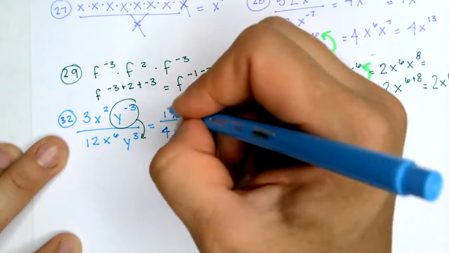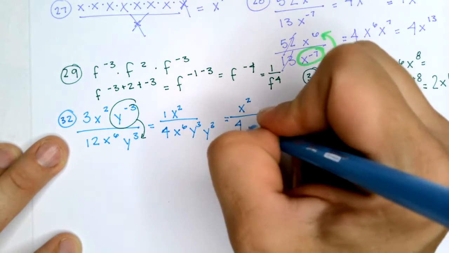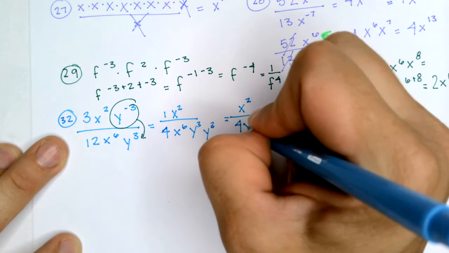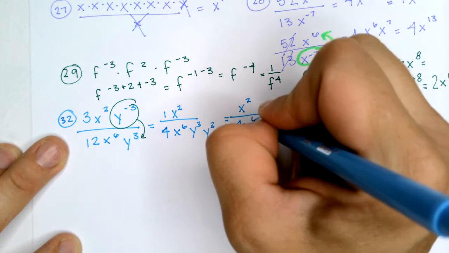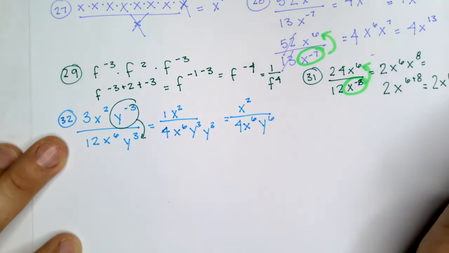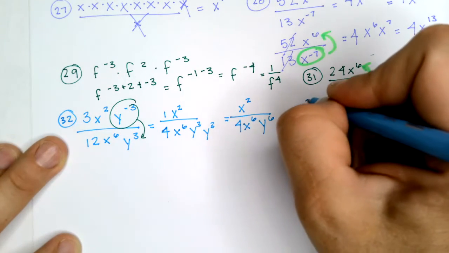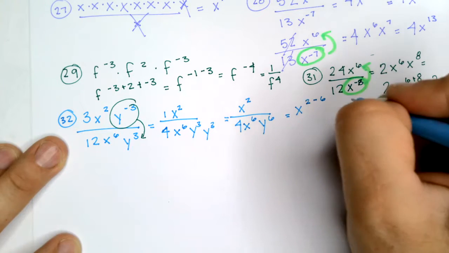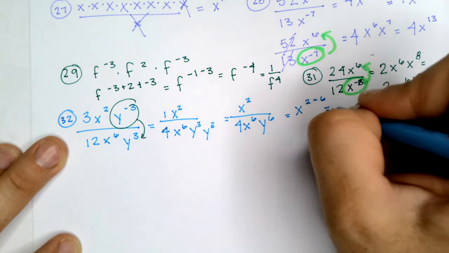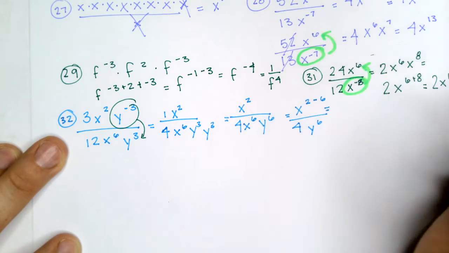So now I have, instead of that 1, I'm just going to call it x squared. On the bottom, I have 4 x to the 6th. y to the 3 plus 3 is 6. Good. Now, x to the 2 minus 6, or sorry, over 4y to the 6th.